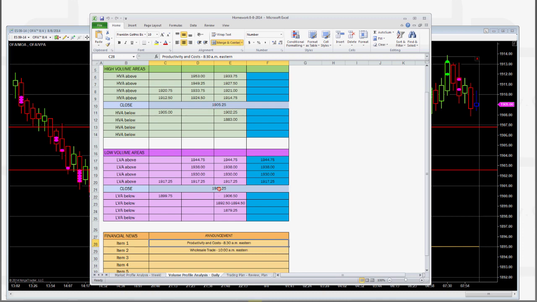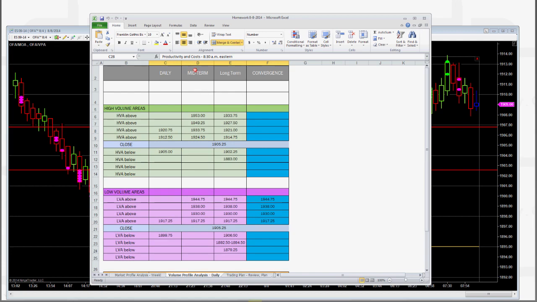I put in the previous day's close, and for my daily, midterm, and a little longer term, which actually right now are the same, midterm and long term are the same because we're at all-time highs, I put in the high volume areas that are above.